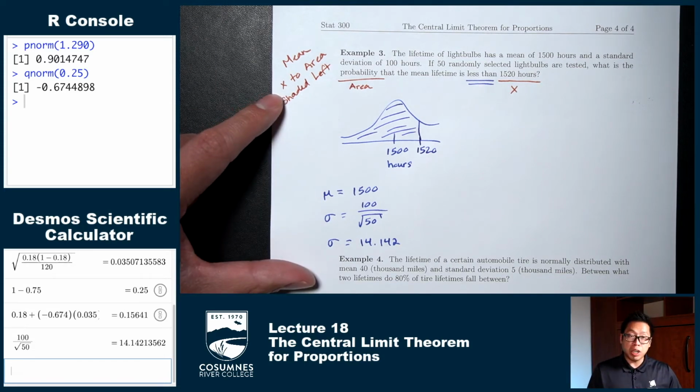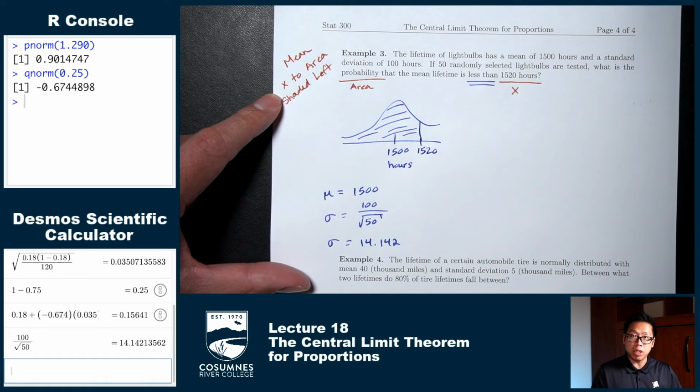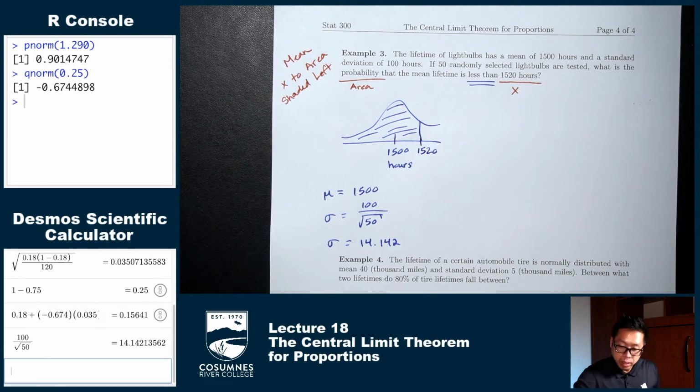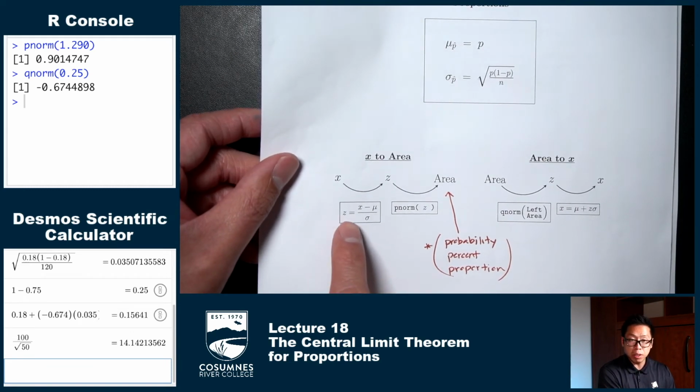This is an x to area shaded left, so you need to go back and look for an example of an x to area shaded left. The steps will be the same. For an x to area, the first thing I need to do is the z-score formula.